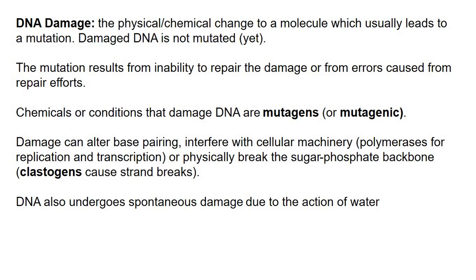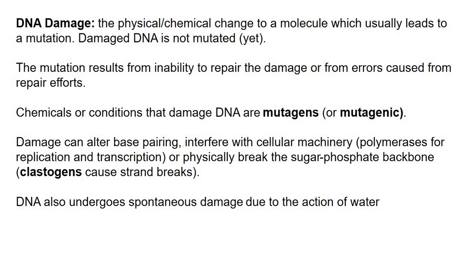Physical damage by excessive heat or UV radiation can damage the DNA as well. Damaged DNA is not mutated yet because this damage can be repaired, but if the damage is too much and it cannot be repaired, or the repair system doesn't catch it in time, then that leads to mutations. Chemicals or conditions that damage DNA are called mutagens or mutagenic substances.